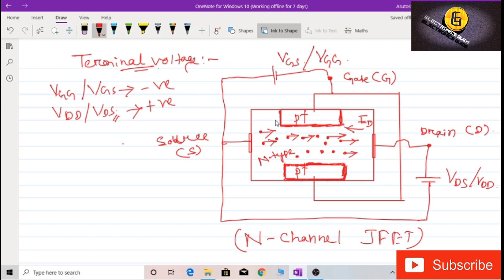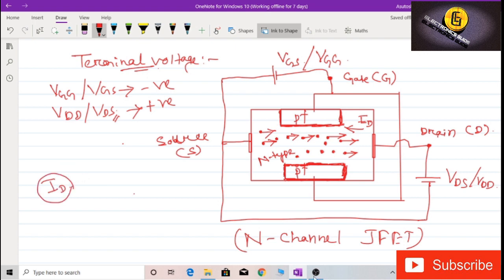As the charge carriers flow in between the two gate areas, the region between the two gate regions is known as the channel. By controlling VGS, that is the voltage applied at the gate end, the value of current ID can be controlled. That's why the gate is named so.